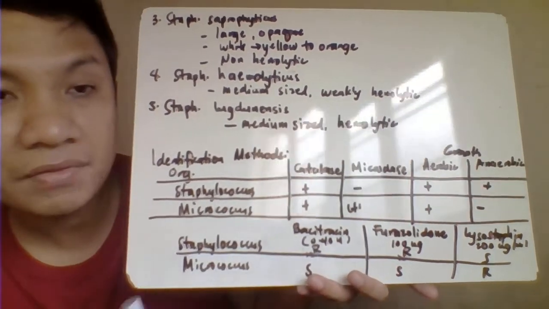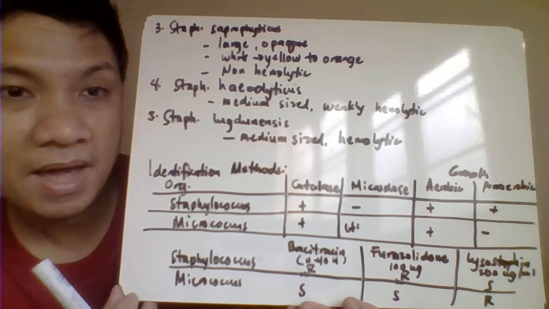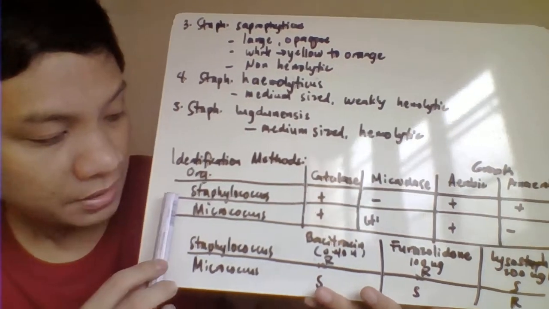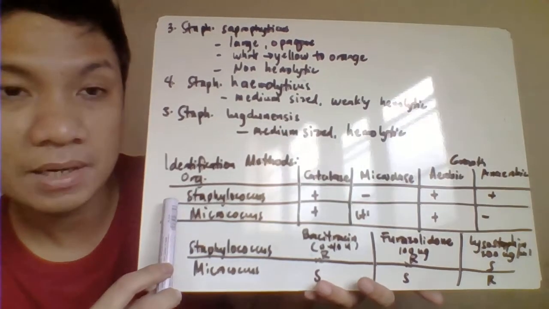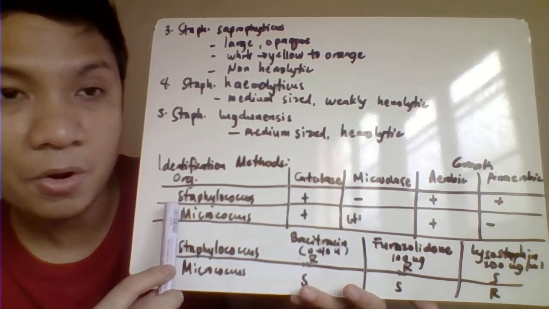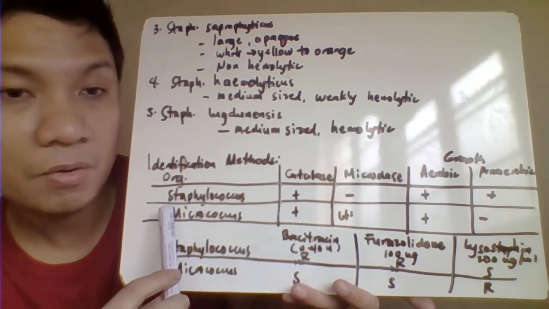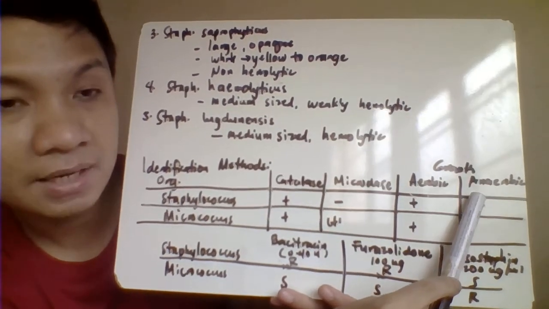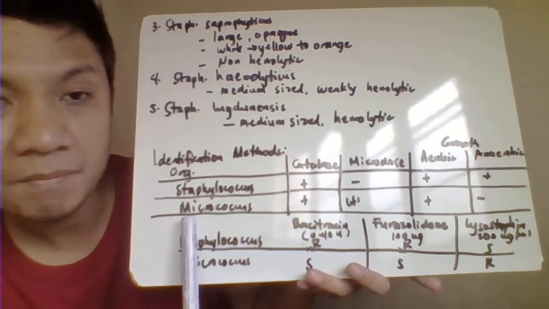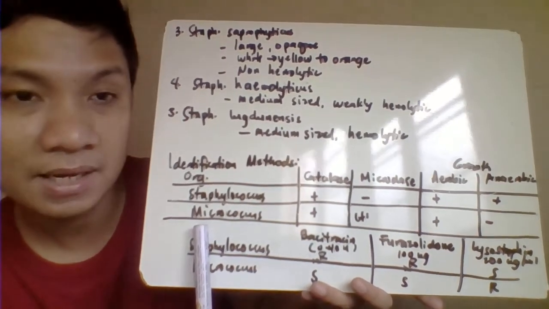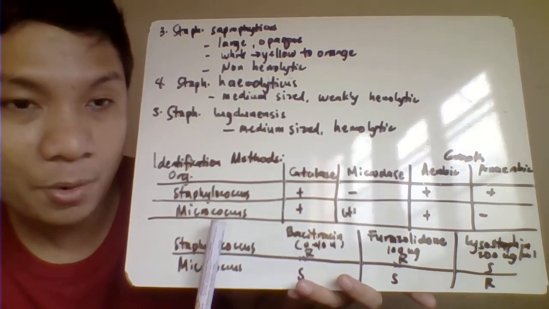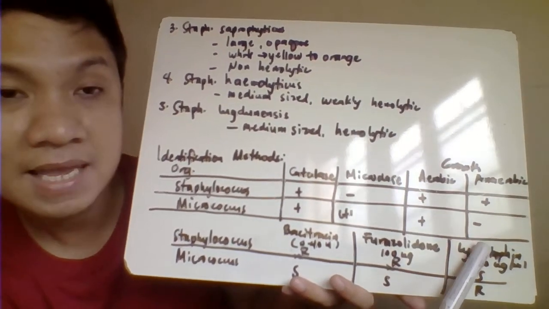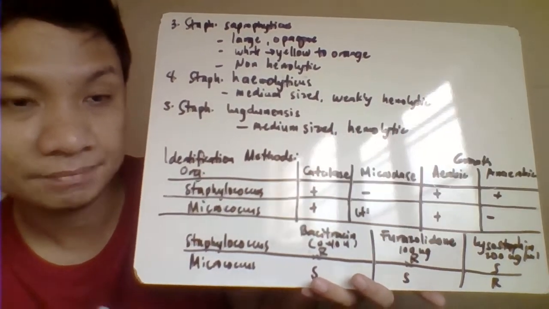In terms of their gas requirement, your Staphylococcus is a facultative anaerobe. Being a facultative anaerobe, it could grow in the presence of oxygen or even in the absence of oxygen. Whereas your Micrococcus is a strict or obligate aerobe, so it only grows in the presence of oxygen and dies in the absence of oxygen.